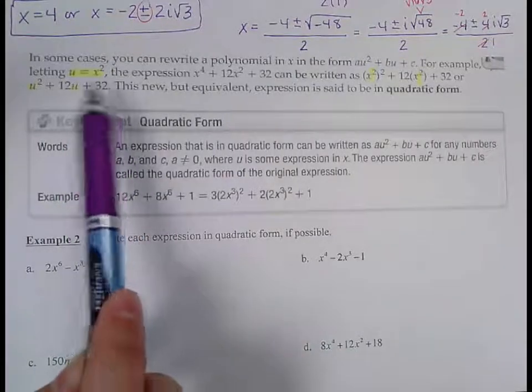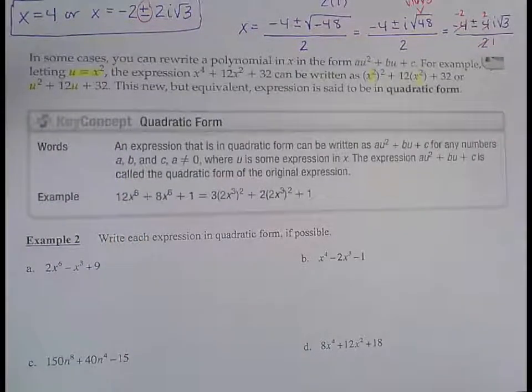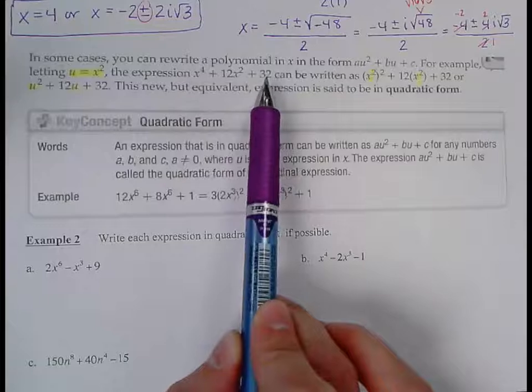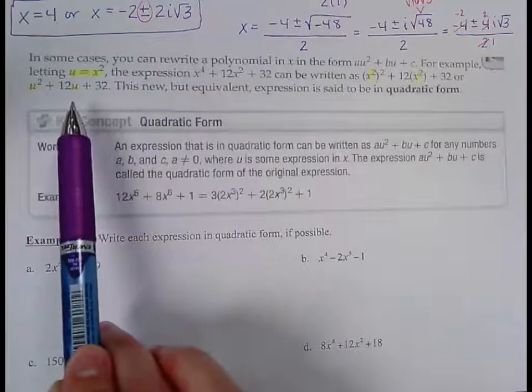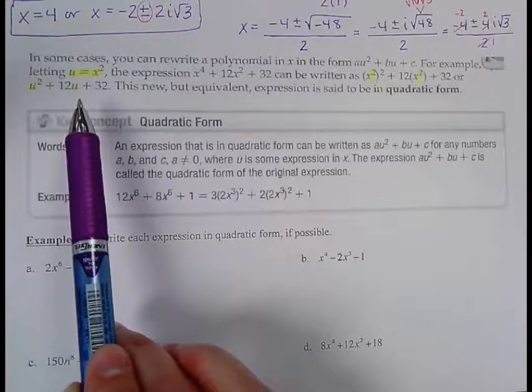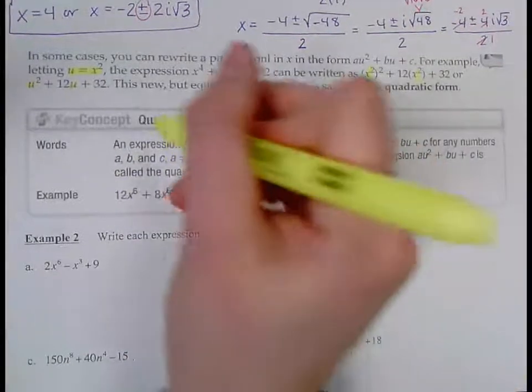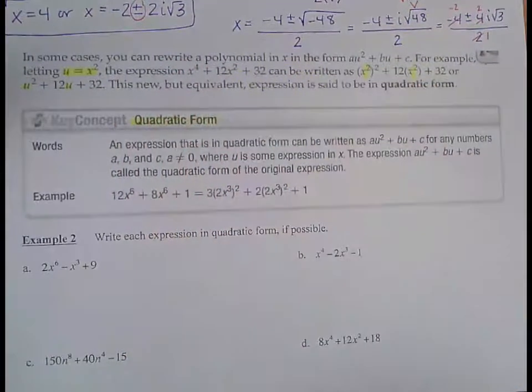But then to solve it, you're using any of the methods that you already learned in chapter 4. You can solve a quadratic equation by factoring, by using the quadratic formula, by completing the square, by graphing if you wanted to. So you're taking something that isn't a quadratic and writing it as a quadratic so you can solve it using those methods. That's why we're doing it, and that's what this box explains: quadratic form.